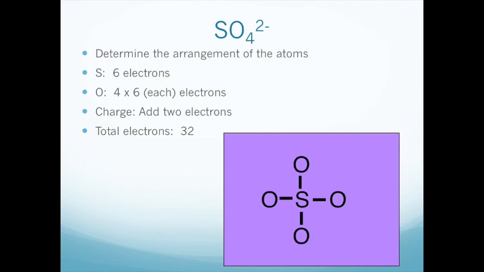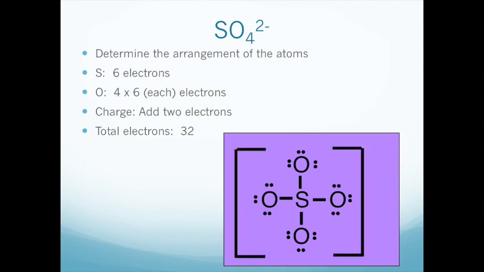And then we put lone pairs around all of the oxygens, bringing the total number of electrons around each oxygen to 8, meaning we have completed the octet on all atoms, and the total number of electrons represented is 32. Now, this ion has a negative charge, so we put it in brackets and put a 2- next to it to indicate that the whole molecule has a net negative charge.